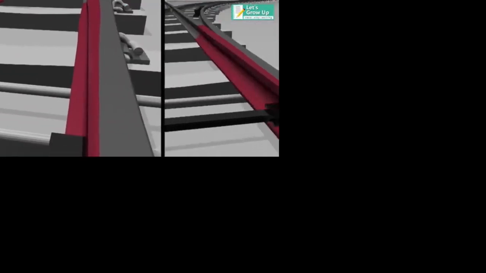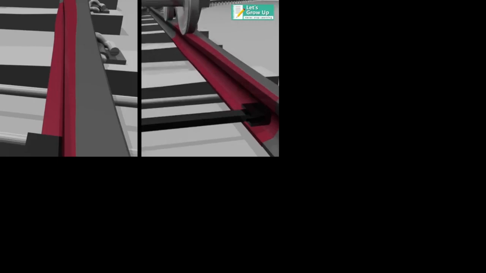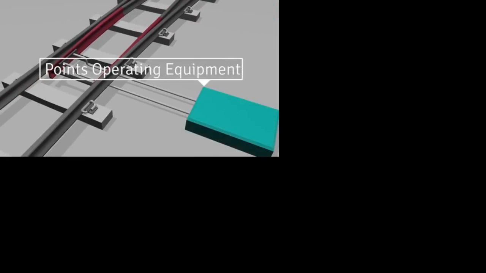This gap is provided for the smooth running of the wheels. Okay, see, these are called as check rails.